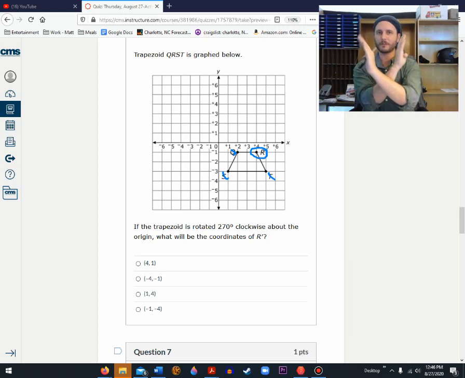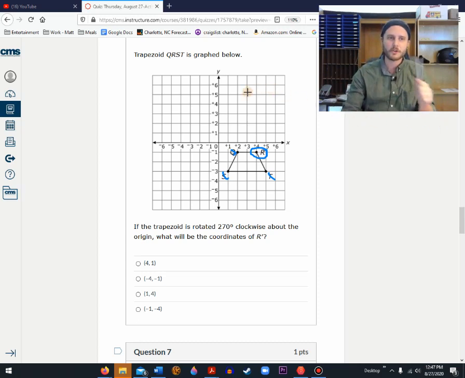The difference is you then have to switch your first value, your new x value, and make it the opposite value. So if it was negative, make it a positive. My new R value was supposed to be up here. My new R value should have been positive 1, positive 4. That's where I'm supposed to be.